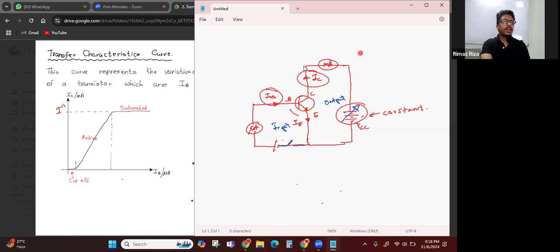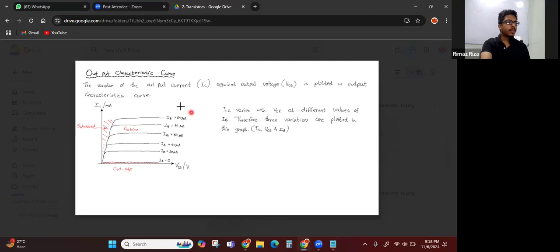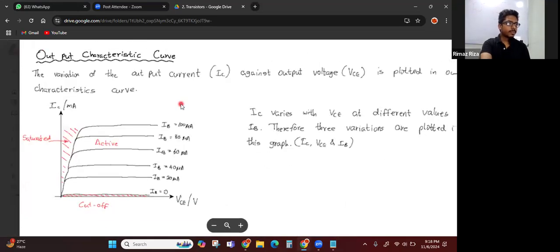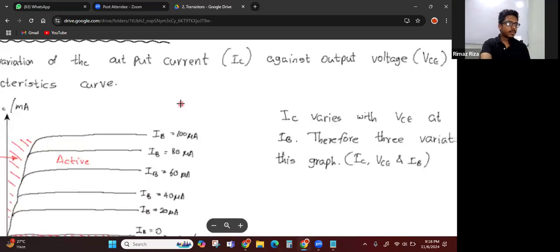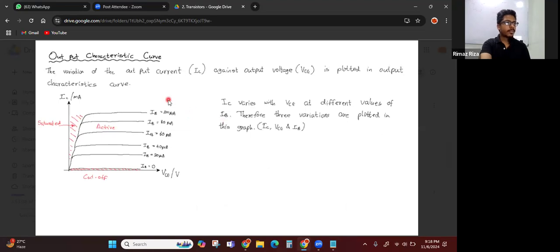And the last one, the output characteristic curve. Write down the topic, output characteristic curve.